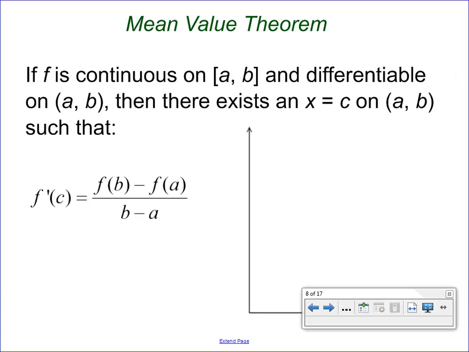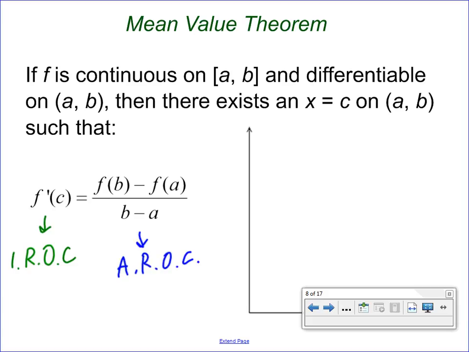Well, we saw f prime of c is my instantaneous rate of change, as opposed to f of b minus f of a all over b minus a. That's my old school slope calculation from algebra 1. That's my average rate of change.